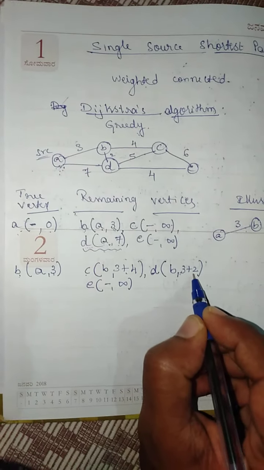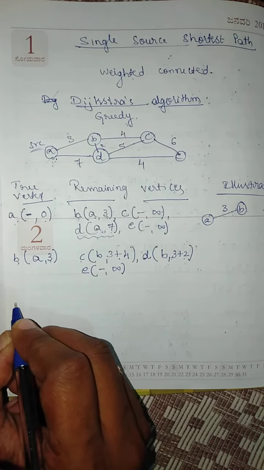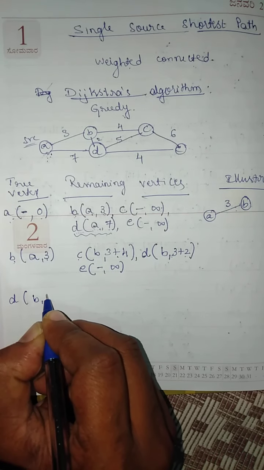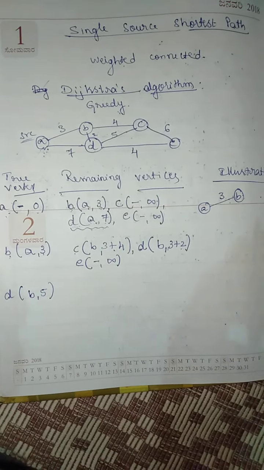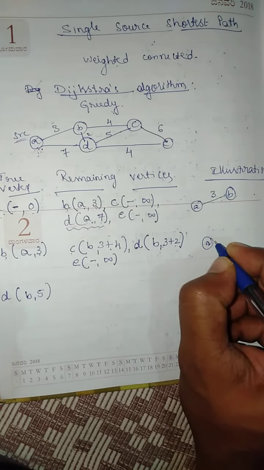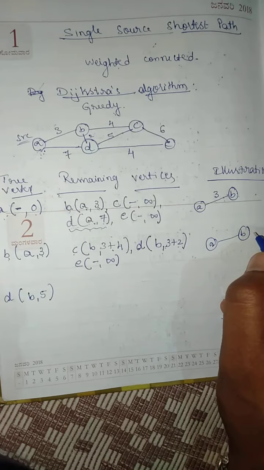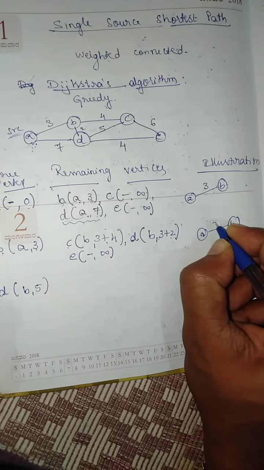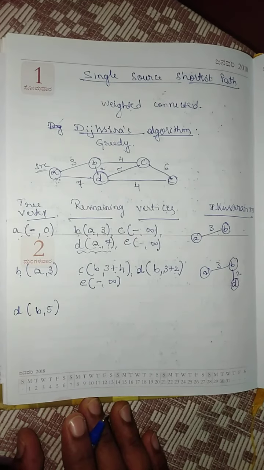It is 7 and it is 5. So consider this edge, that is D, that can be reached from B with a cost of 5, and put that into the graph. So A, B, and B to D, right?